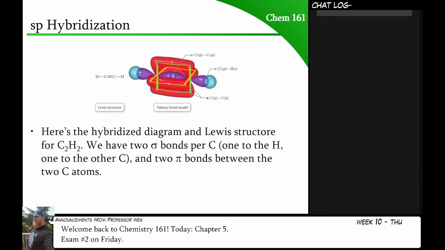There we go. So there's my other p orbitals that are in the orthogonal plane to the plane that my initial p orbitals were in. So these are all perpendicular to each other, 90 degrees. That's what orthogonal means, 90 degrees apart.